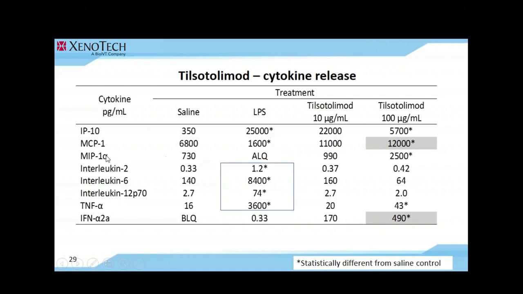I also would like to note that monocyte chemoattractant protein 1 was increased in tilsotolimod plasma more than in LPS. Interestingly, LPS plasma contained a significantly lower amount of this molecule than saline plasma.